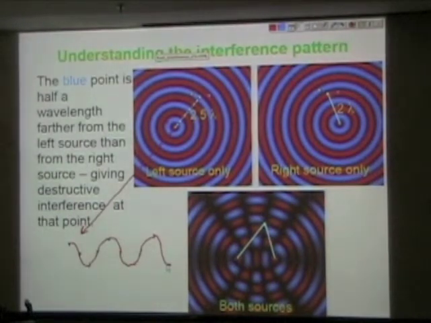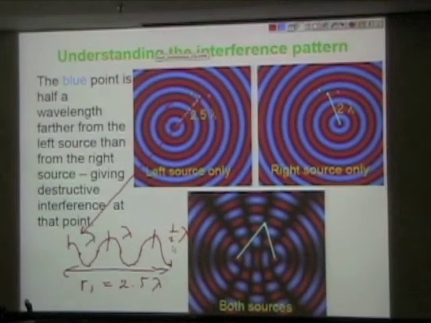So now we can actually see that this distance, let's call it R1, fits exactly 2.5 wavelengths. That's the first lambda, the second lambda, and 1/2.